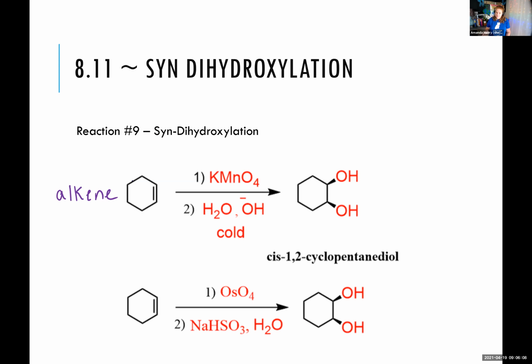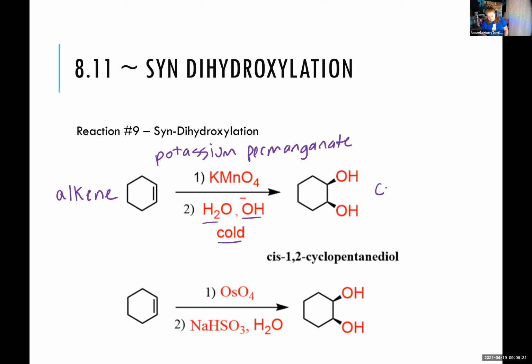Now there's 2 different sets of reagents that will do the same thing. The top one, we have KMnO4, which is potassium permanganate, with water and hydroxide, and it needs to be under cold conditions.